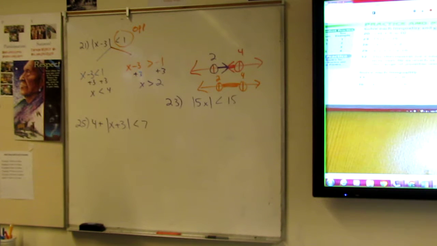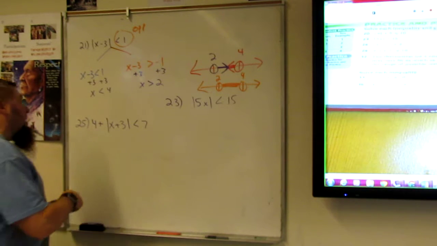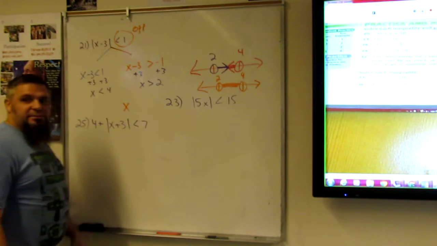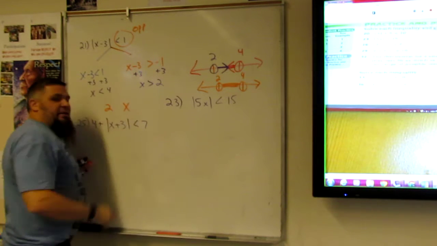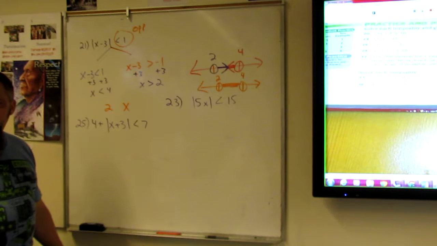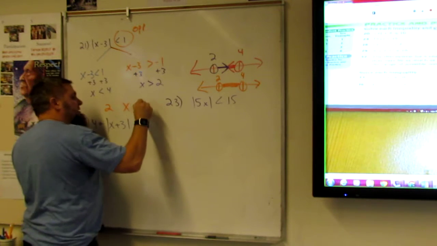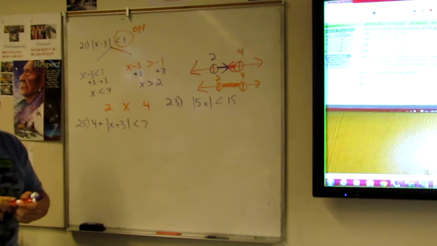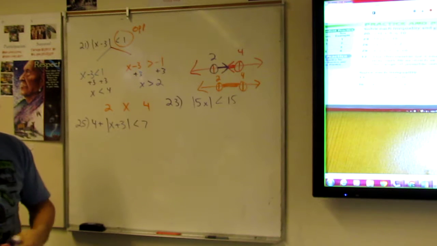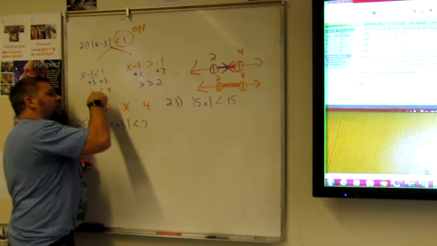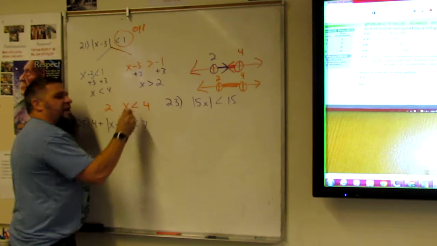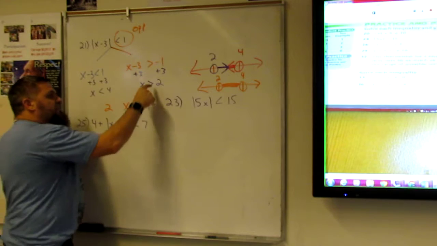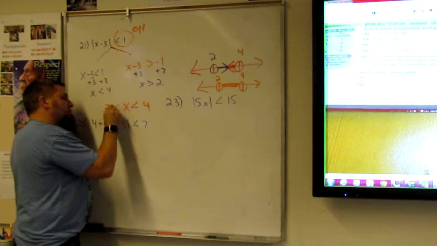Now, a lot of the time, the way I like to write this is I rewrite the x. I put the lower number on this side, the bigger number on this side. And then whatever the arrow's pointing at, in this case, from 4, it's pointing at x, and from 2, it's pointing at the 2.